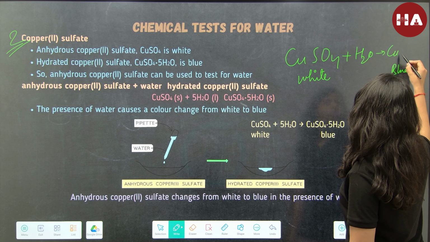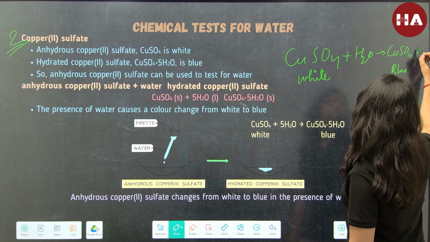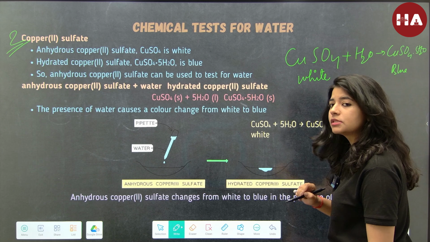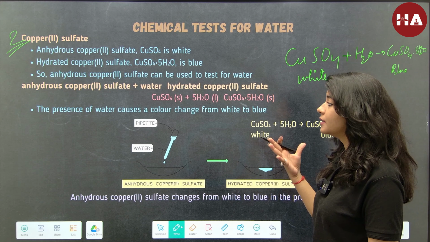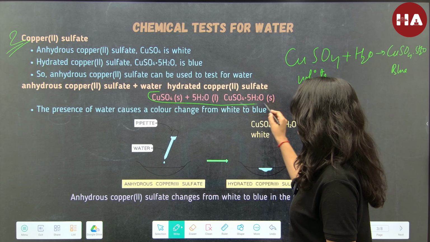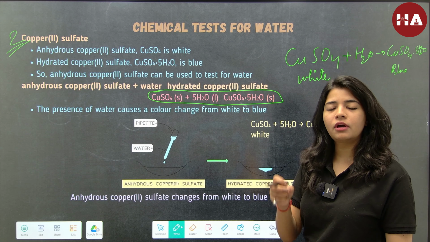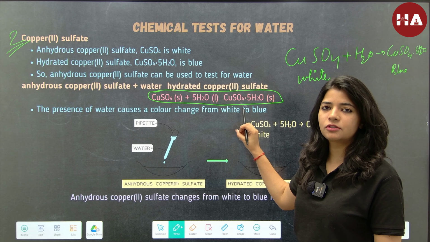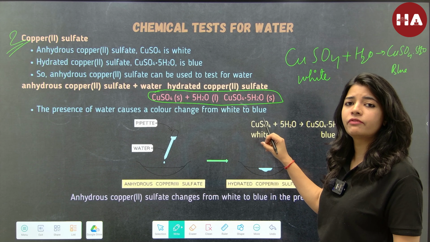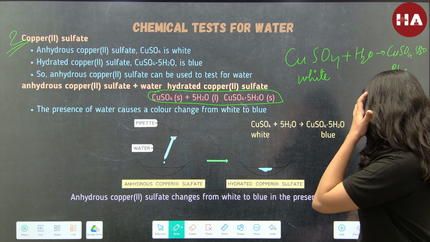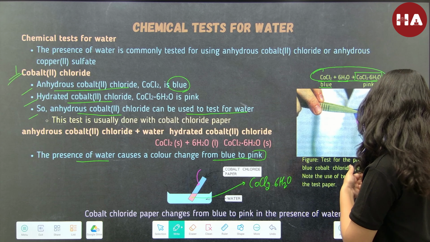Why? Because CuSO4.5H2O, which is hydrated copper sulfate, is formed. Okay, this is the reaction, and because the color changes when we add it into the water, it can be used as one of the tests to check the presence of water, right? So these are the two tests. If you wish to note them down, you can do that.